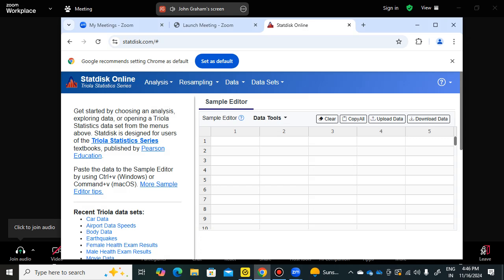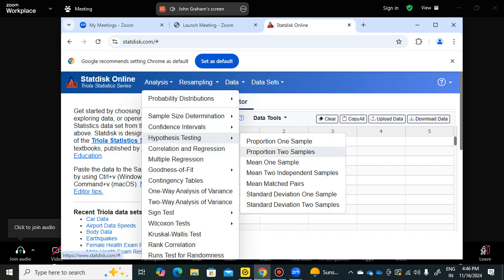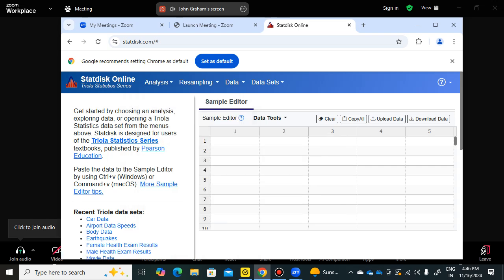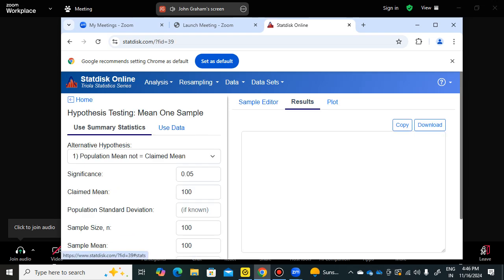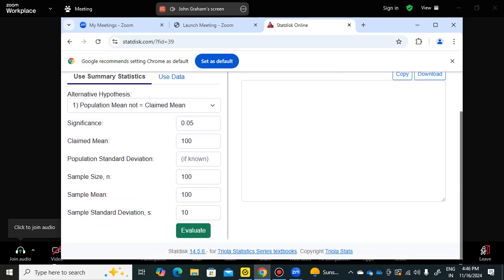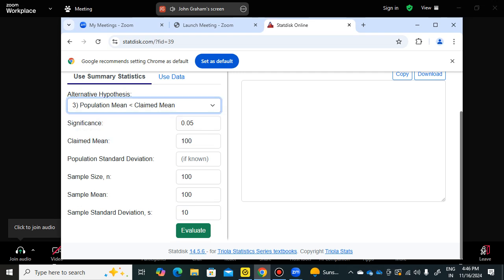So we'll go to analysis, hypothesis testing, mean, one sample. And we don't have the data, so we'll just put everything in. Right, so our alternate hypothesis is less than. Significance level is 0.05.